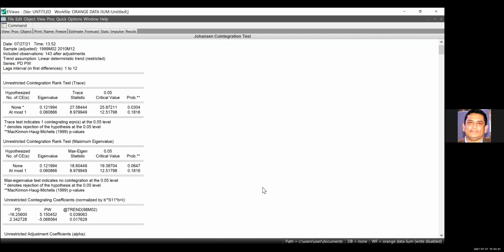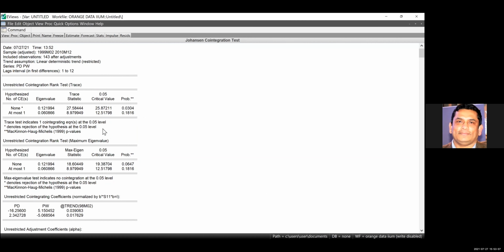So if we use the 2 lag value, it shows there is no cointegration relationship, meaning no long run relationship, but there should be a short run relationship. But if we use 12 (why 12? Because this is monthly data, so it's 12 months in a year), we see the rejection of none, and then acceptance of at most 1.